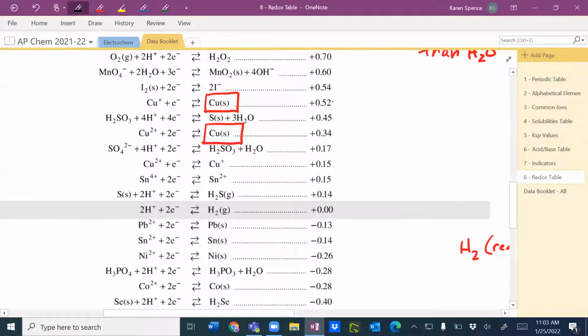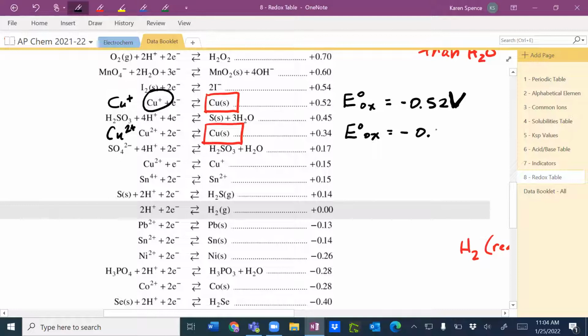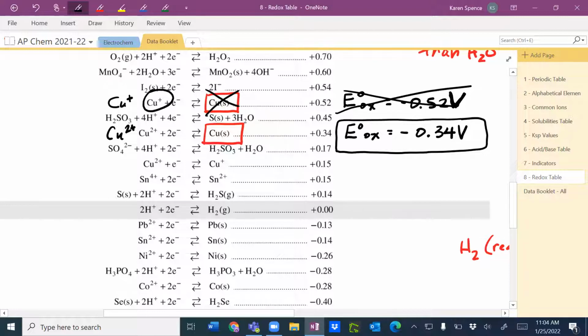The oxidation potential going to copper 1 is negative 0.52 volts, and the oxidation potential for copper going to copper 2+ is negative 0.34 volts. And so of those two, the copper going to copper 2+ is preferred because it has a less negative oxidation potential. So it's not going to be this copper, it would be that copper.